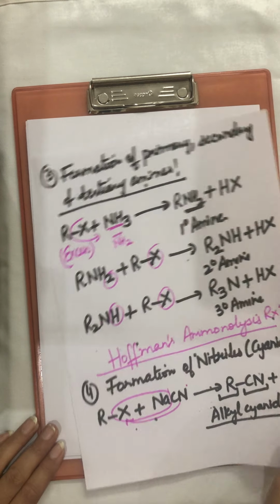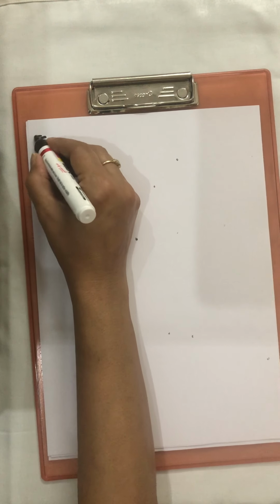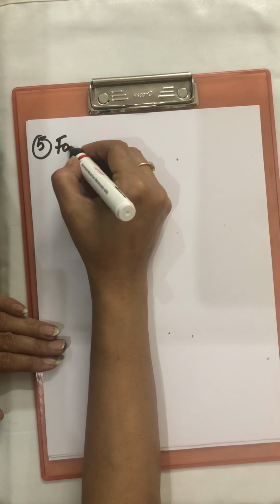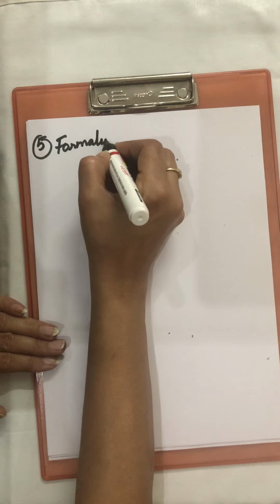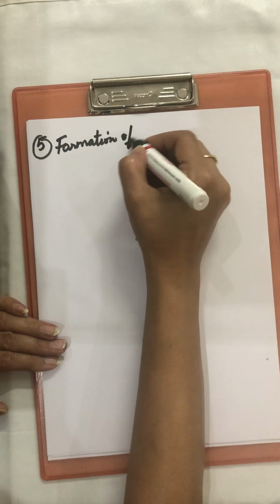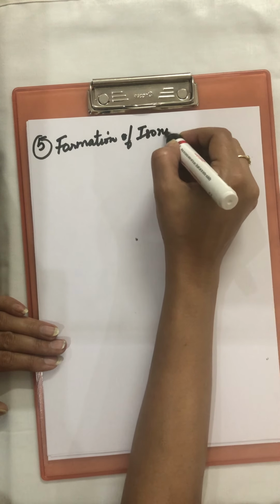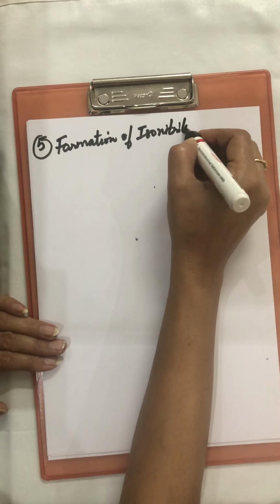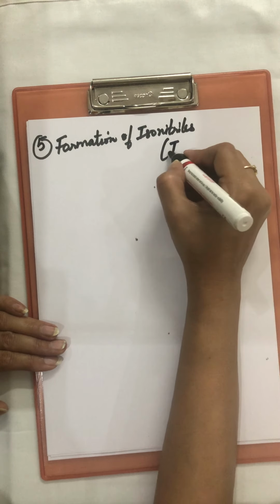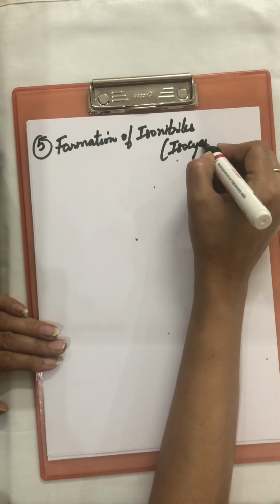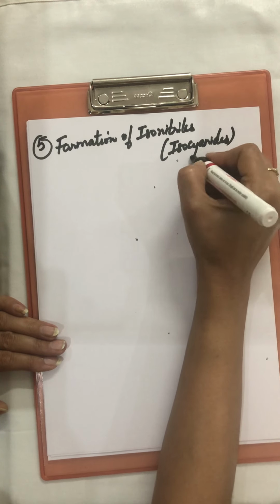Next chemical property. After formation of nitriles, next is formation of isonitriles, which is commonly known as isocyanides.